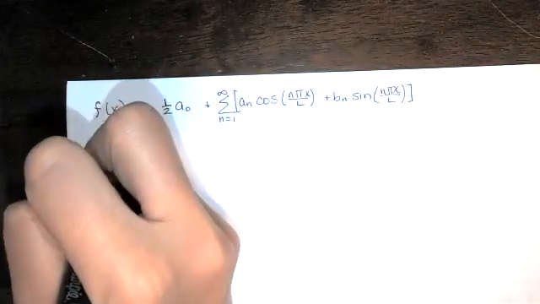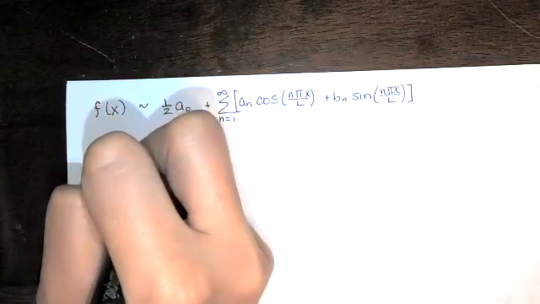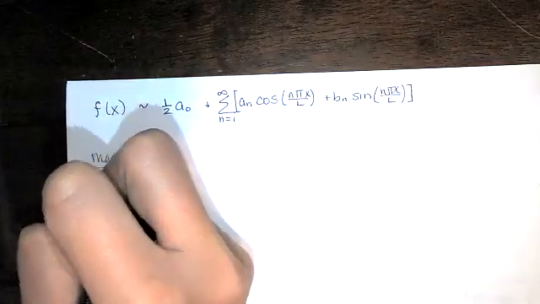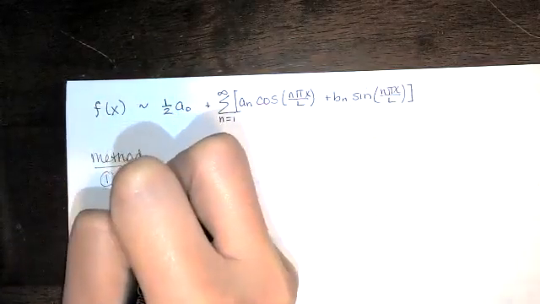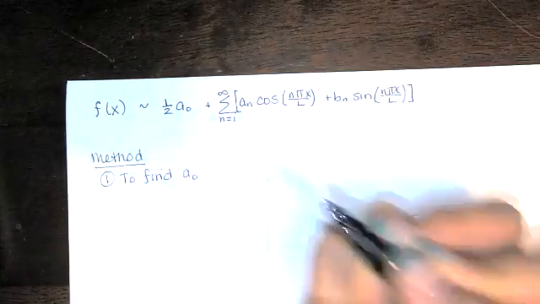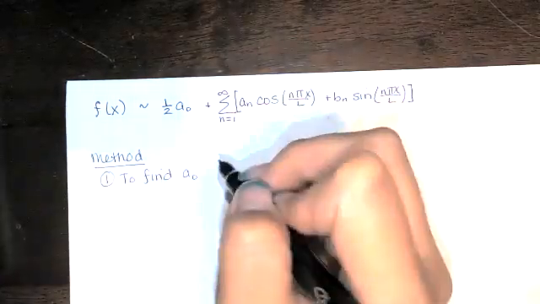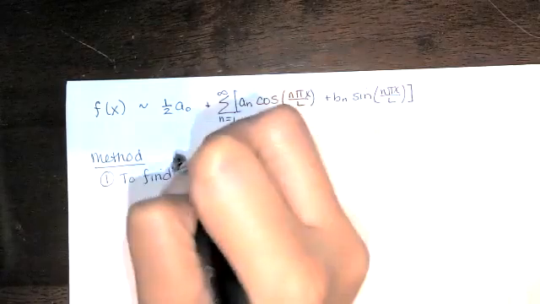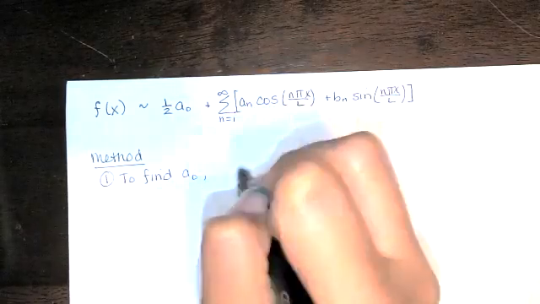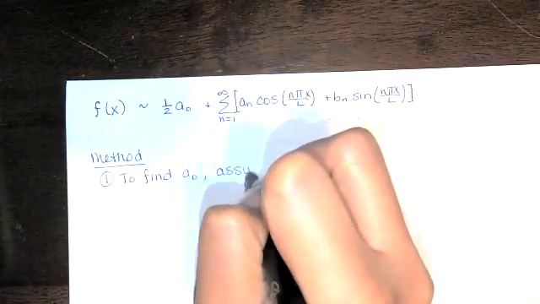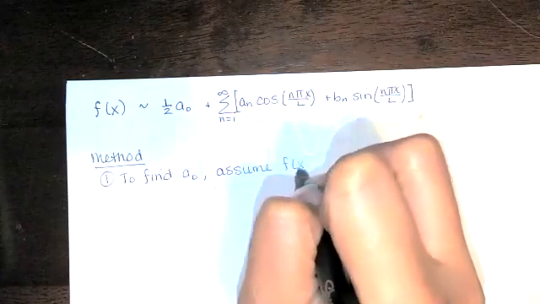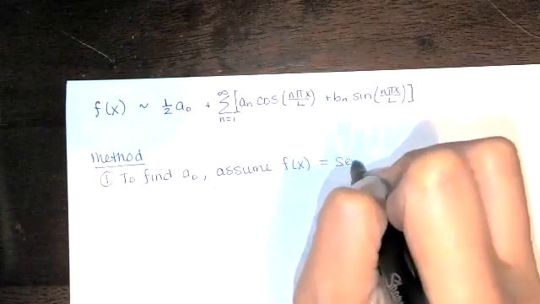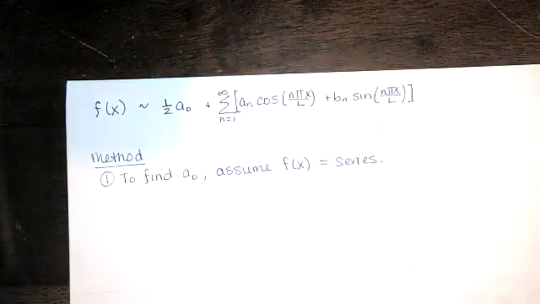Here's our method. It's actually pretty simple. To find a sub 0, first we're going to assume equality. So we'll assume that f is equal to the series, although technically, it's not always equal to the series.